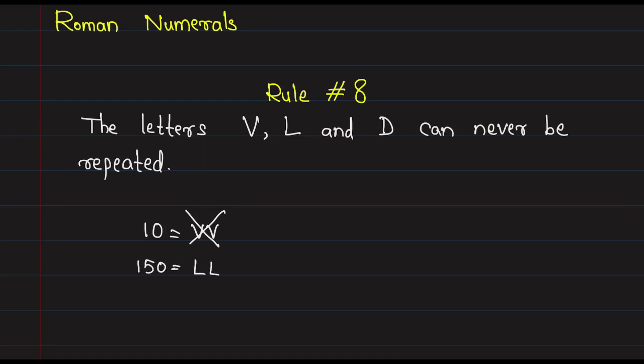We cannot write LLL just because 50 plus 50 plus 50 is 150. This is the wrong way of writing. Why? Because L also cannot be repeated. Suppose we want to write 1000. We cannot write DD just because 500 plus 500 is 1000. This is the wrong way of writing. Why? Because D also cannot be repeated.